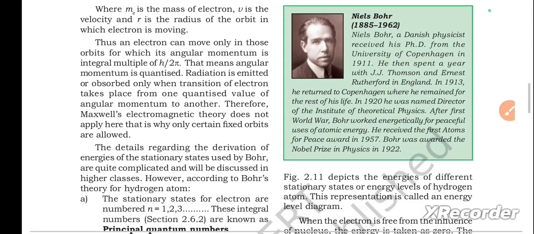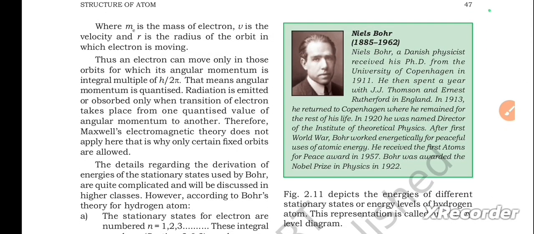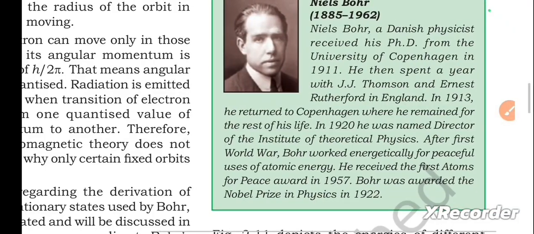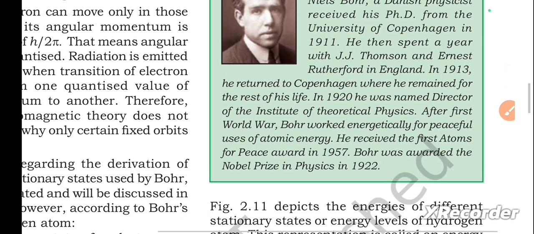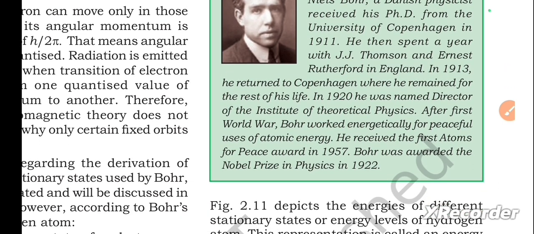Next, here they have given a green box about Niels Bohr. Let's see. Niels Bohr, 1885 to 1962. He was a Danish physicist who received his PhD from the University of Copenhagen in 1911. He then spent a year with J.J. Thomson and Ernest Rutherford in England.